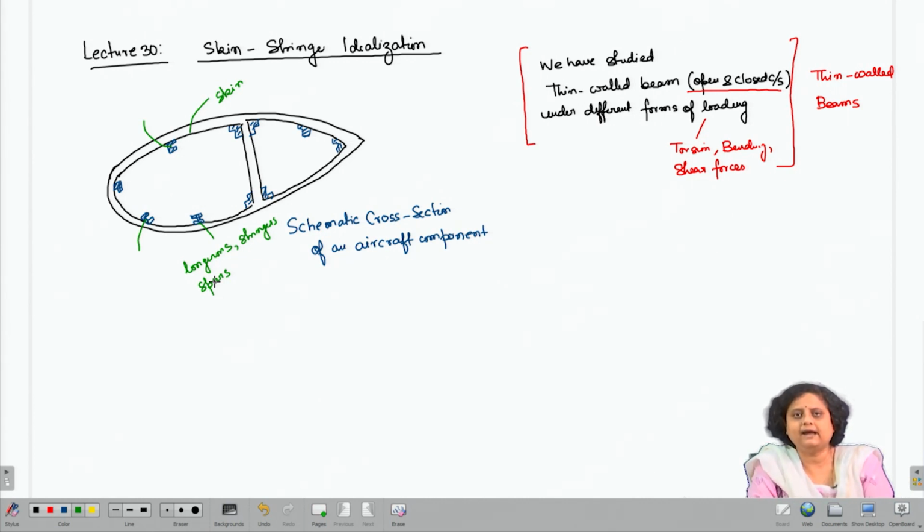So, an aircraft component is primarily made out of skin and longitudinal reinforcing members like longerons, stringers and spars.